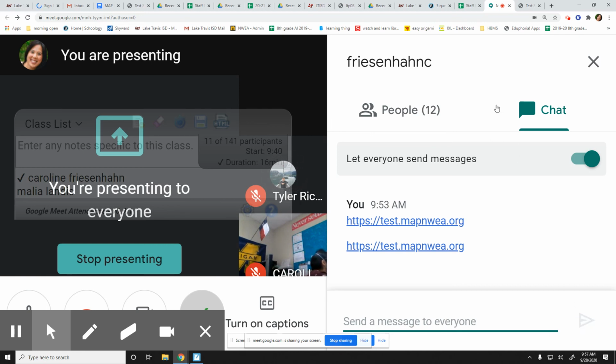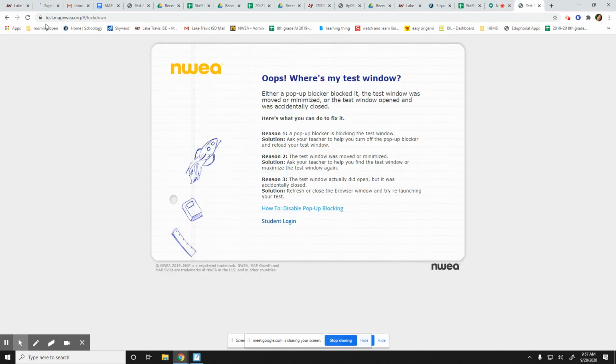Okay, so if you see this screen, then right where you type in the web address, there should be something on the right-hand side that says allow pop-ups, or a little icon. I can't see it on mine for some reason, but, oh, right here. Do you see this? Oh no, that's not it.